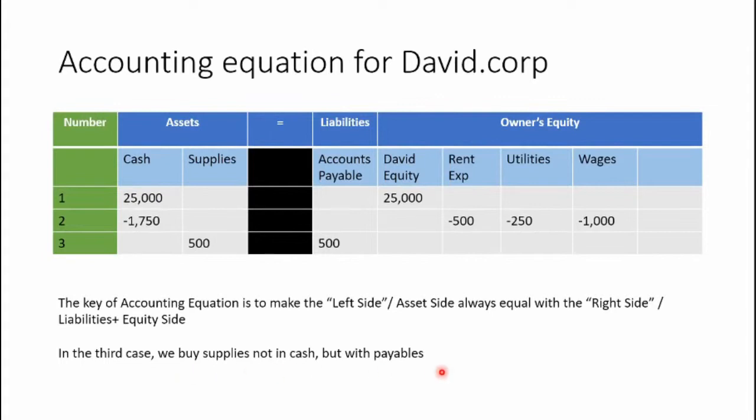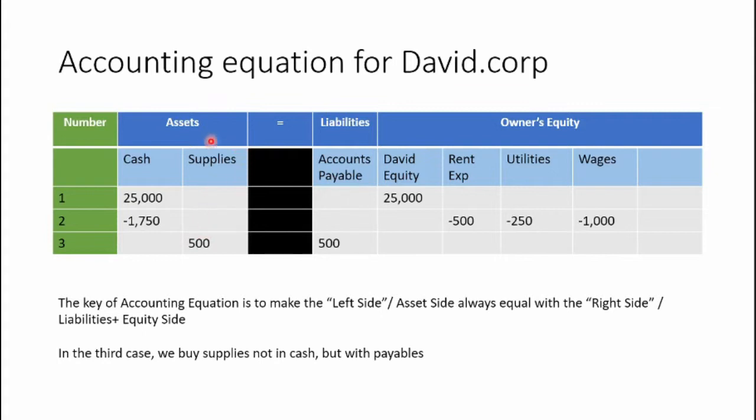Okay, now we have David Corp buying supplies, but not in cash. So the payment is later. That means they have liabilities to its creditor. So on the asset side, we record that David Corp will have an increase in their supplies.